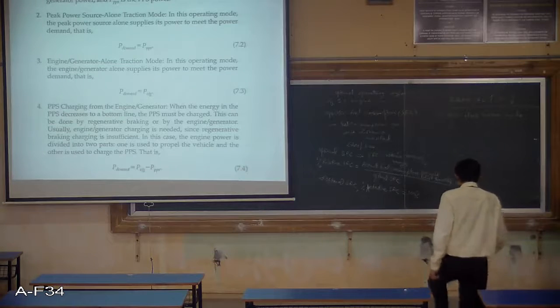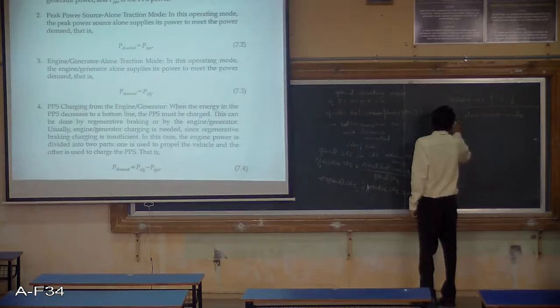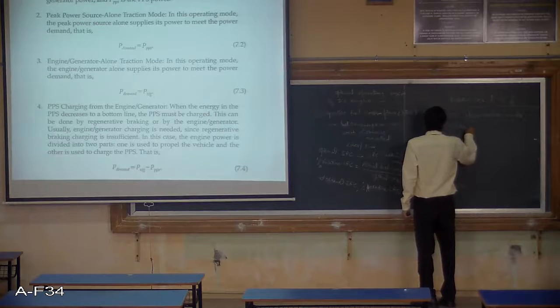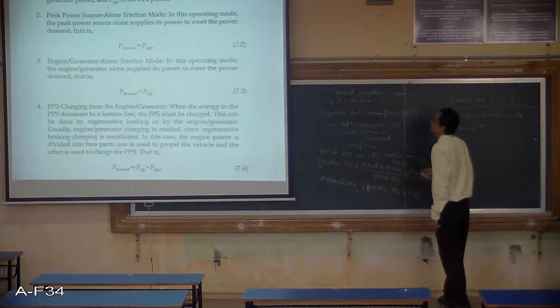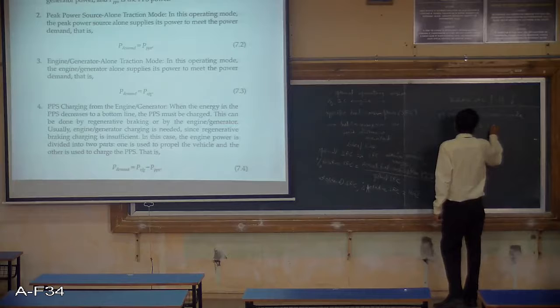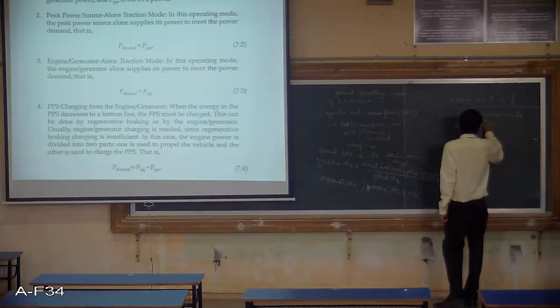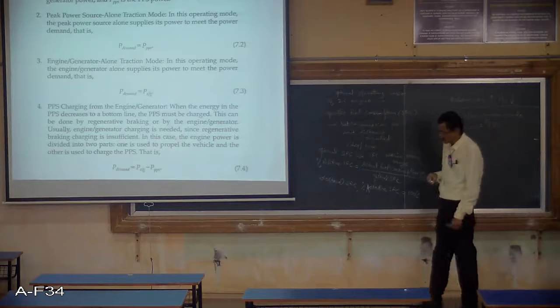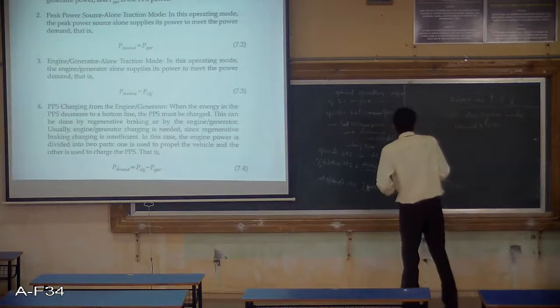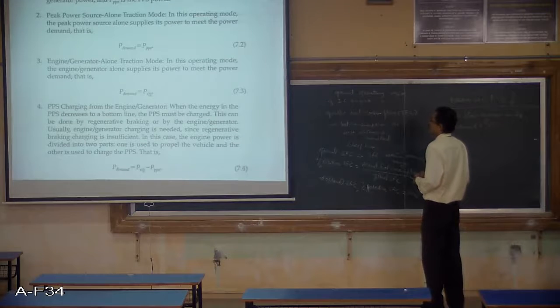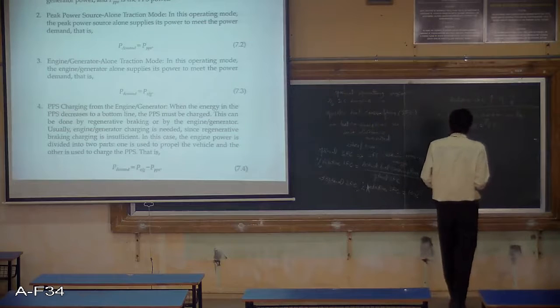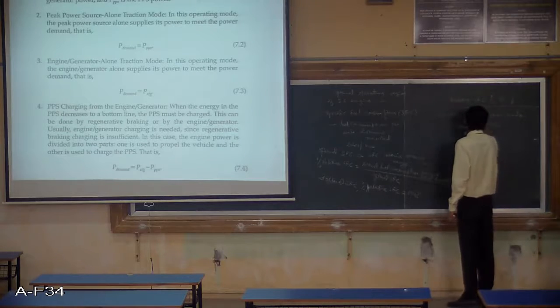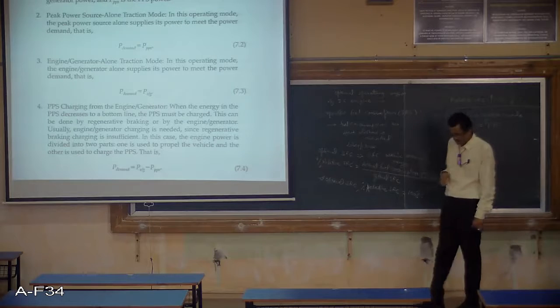So P demand is equal to PPS. So here the engine is not at all running. The IC engine is not running. The demand power is supplied only through the PPS.